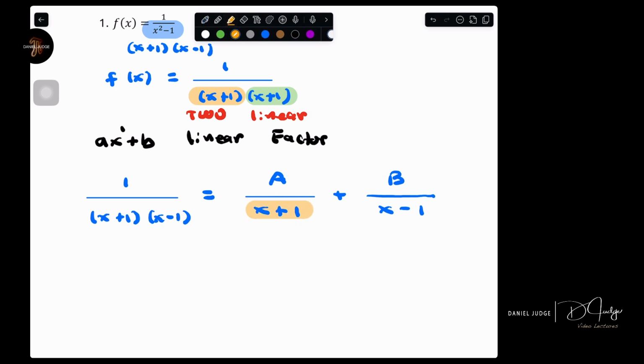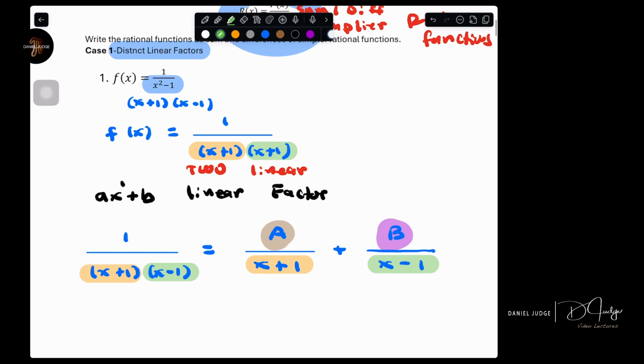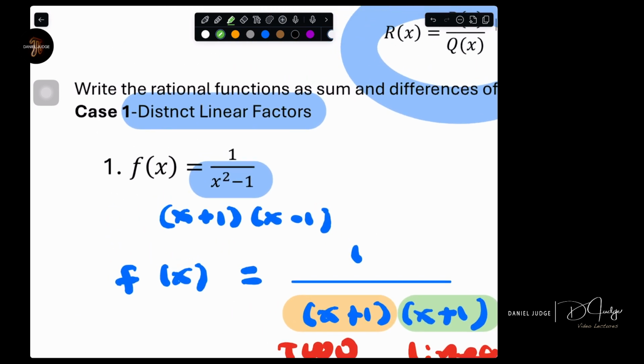So here's our A over x plus 1, here's the B over x minus 1, and then we need to find the constants A and B such that that sum is equivalent to the original function given. So this is, remember, how we approach the distinct linear factor cases.